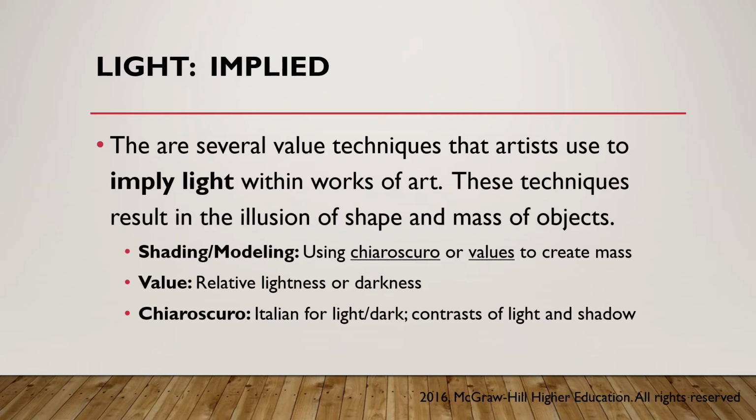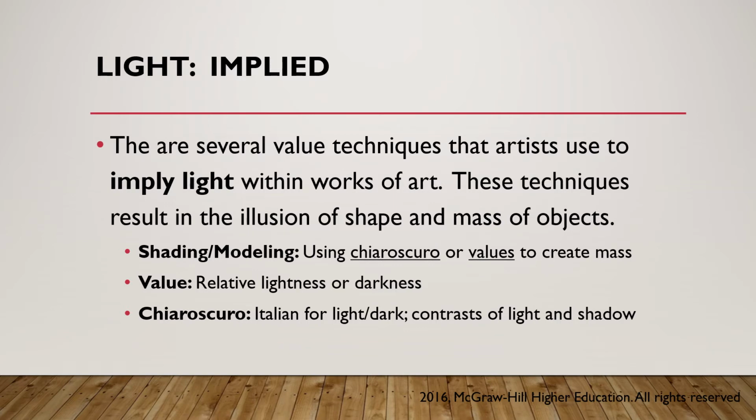There are several techniques that artists use to give the illusion that there is light within the work of art and that flat objects have 3 dimensions. You've got shading and modeling, value, and chiaroscuro, which is an Italian term. Shading and modeling is done with value changes or chiaroscuro. The shading and modeling is what you use to create 3 dimensions on a 2-dimensional plane.